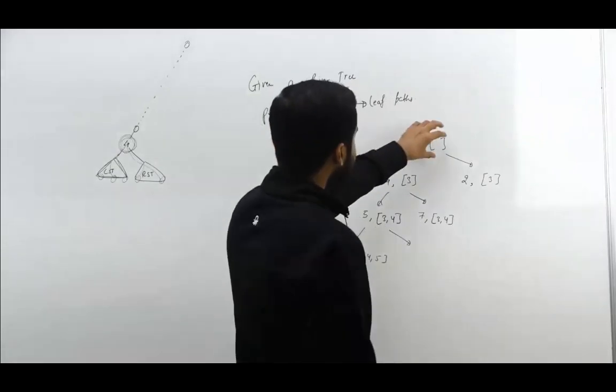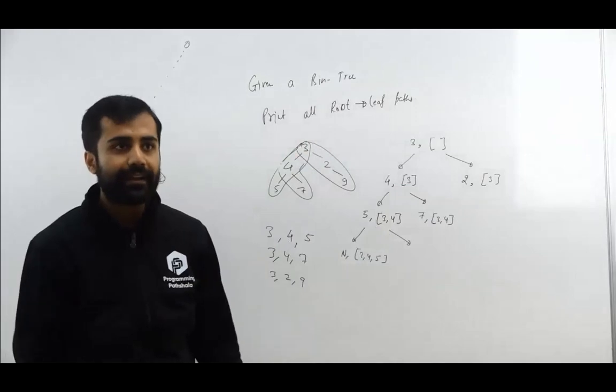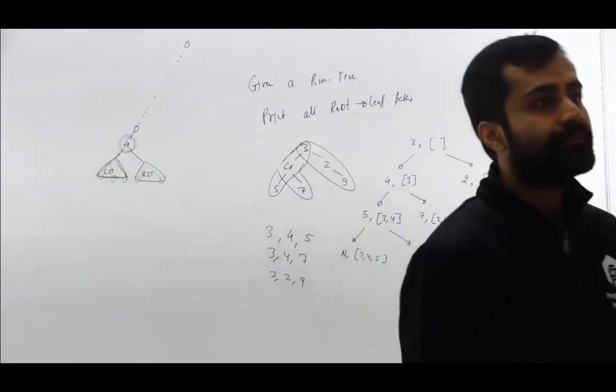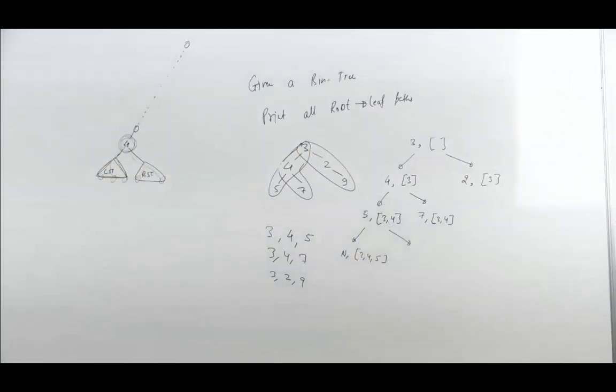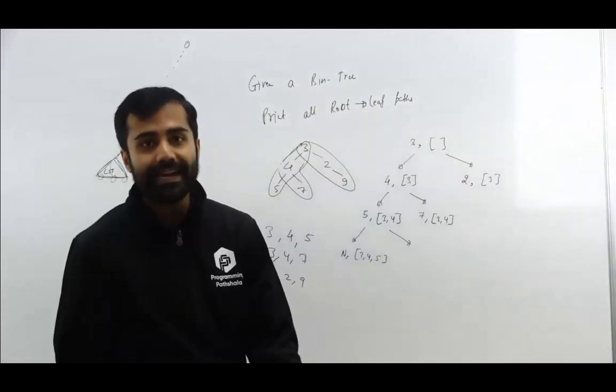So if you are using a vector, have you guys learned a little bit about backtracking? What is the basic idea of backtracking? The basic idea of backtracking is that if you are doing something, you also have to undo that thing.